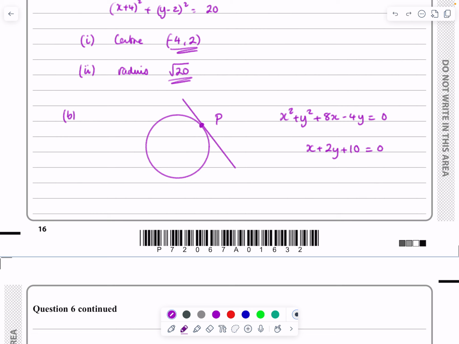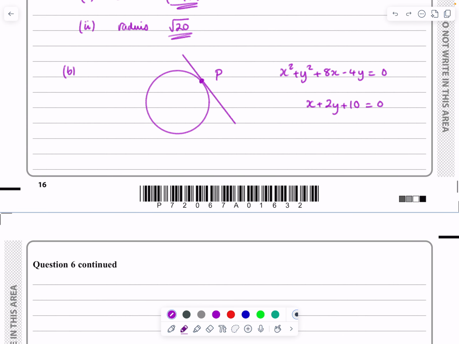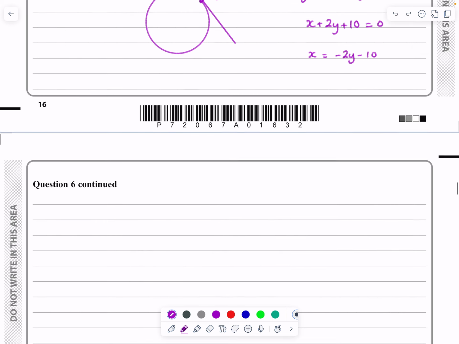So you could put them both equal to each other, they're both equal to 0. Actually, what I'm going to do is say, well, x is equal to minus 2y minus 10, and I'm now going to sub that in anywhere where there's an x. Okay, so I'll get an equation just in terms of y's.